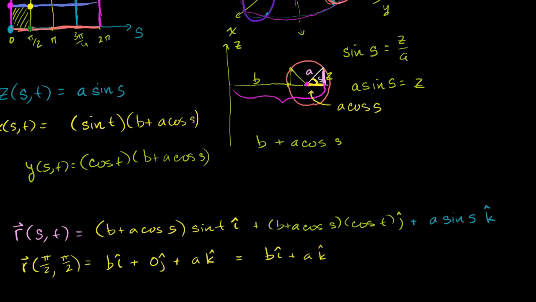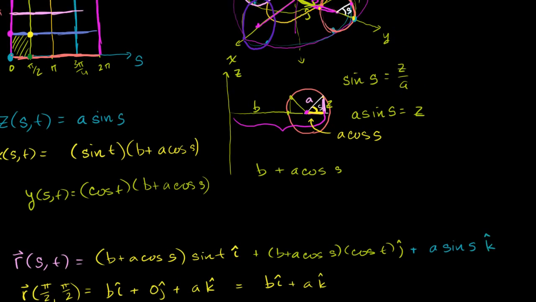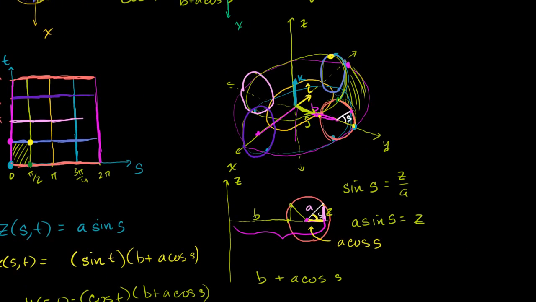So the vector it specifies, according to this parameterization, is b times i plus a times k. So b times i will get us right out there, and then a times k will get us right over there. So the position vector being specified is right over there, just as we predicted. That point right there corresponds to that point, just like that.